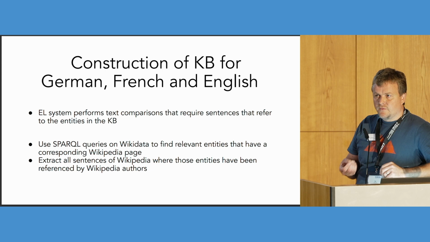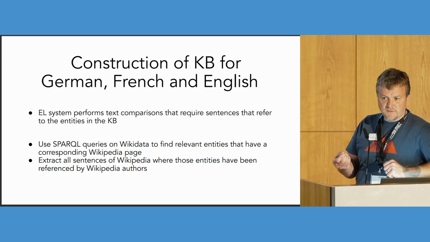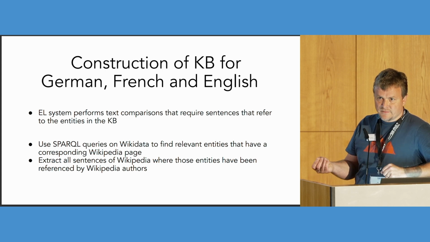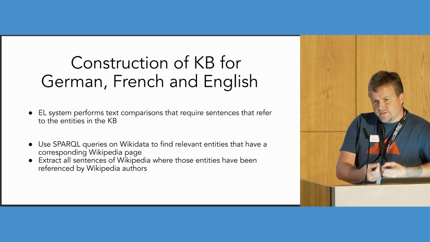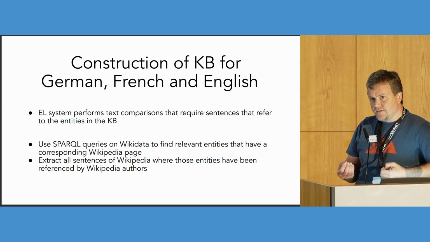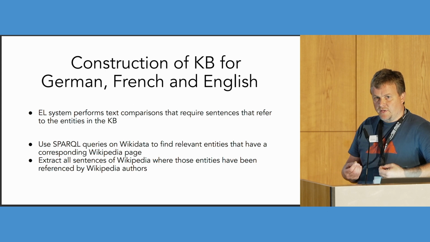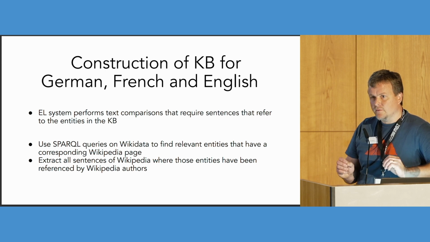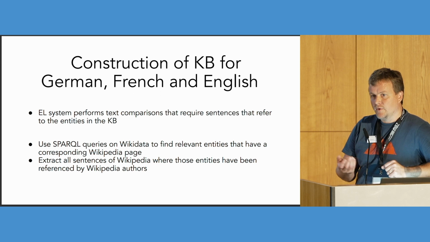So Wikidata is for us the source where we basically get the list of all persons, locations, and organizations we can link against. And for each of these entities, we also extract from Wikipedia the sentences that talk about these entities. And we need these sentences from Wikipedia, this text material, in order to do sentence comparisons to find out, for a particular sentence, if a particular entity could be the one that is mentioned or not.